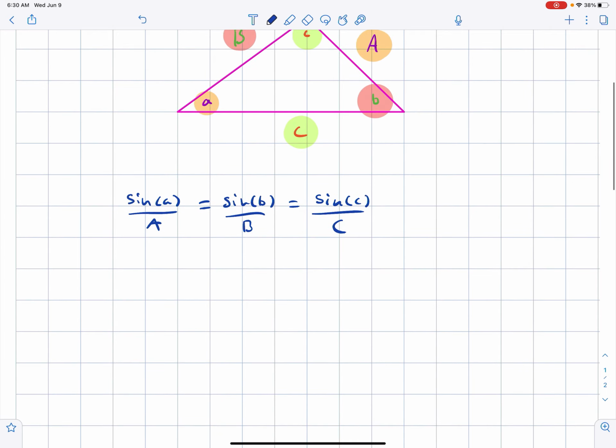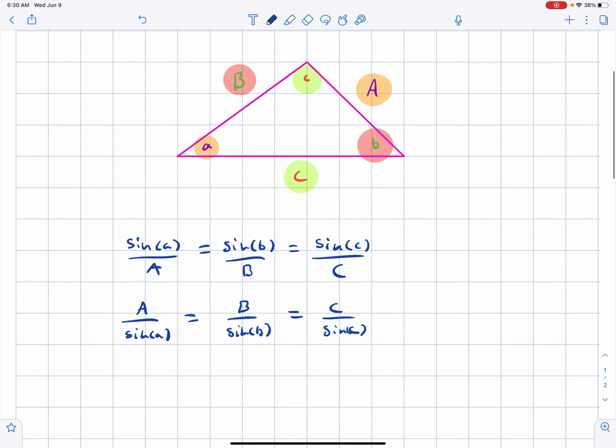You might have seen this written as A over sine of A is equal to B over sine of B, which is equal to C over sine of C. So that's it.